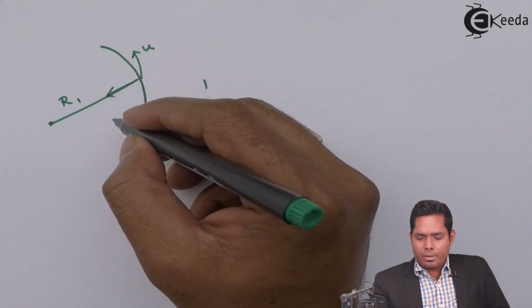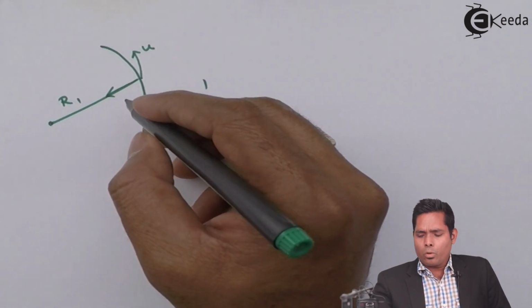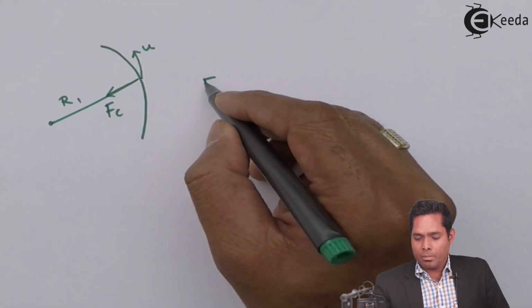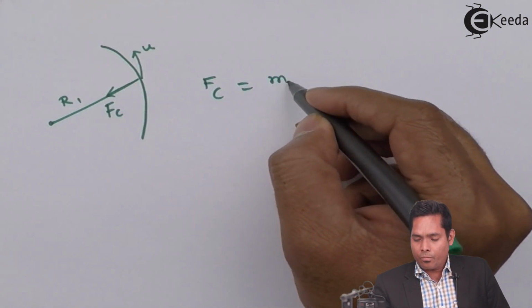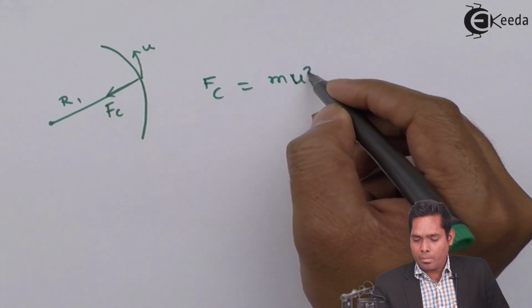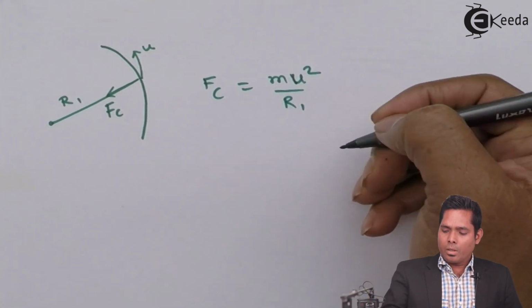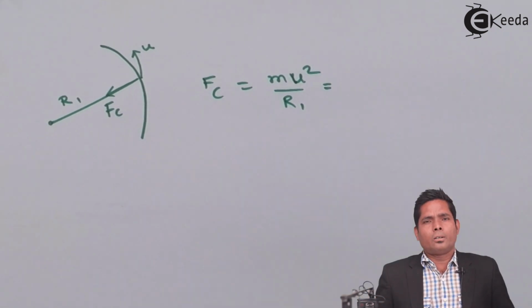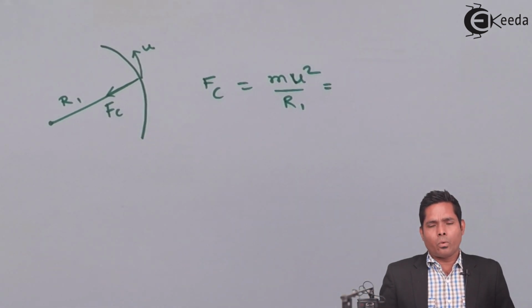For a circular path, there must be a centripetal force. So this centripetal force must act towards the center, which is given by mv square, that is mu square by r1 here, and that is provided by the magnetic force.